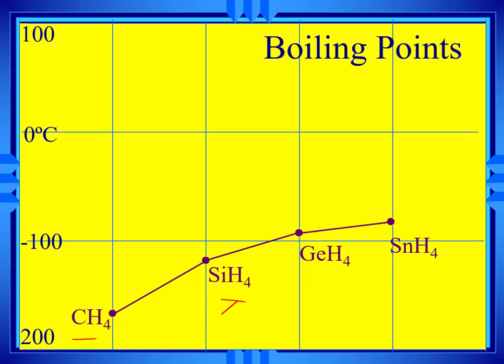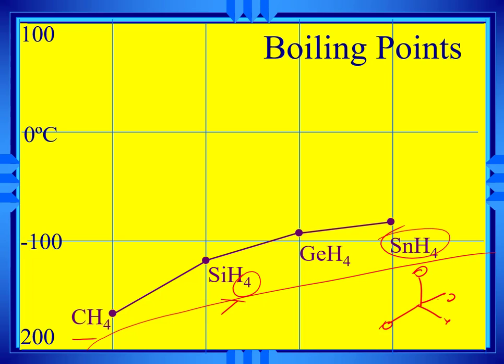Well, these are all XH4, right? So they're all tetrahedral, so they're all symmetrical. So they're all nonpolar. So the only type of intermolecular force they can do is dispersion forces.